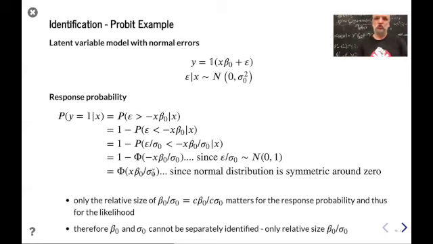Okay. So again, you see if you scale up both beta and sigma with the same constant, it's going to disappear here. In other words, it's really only the relative size of beta divided by sigma that matters for the response probability, and thus for the likelihood. So you really need to make some kind of normalization in order to identify the parameters.